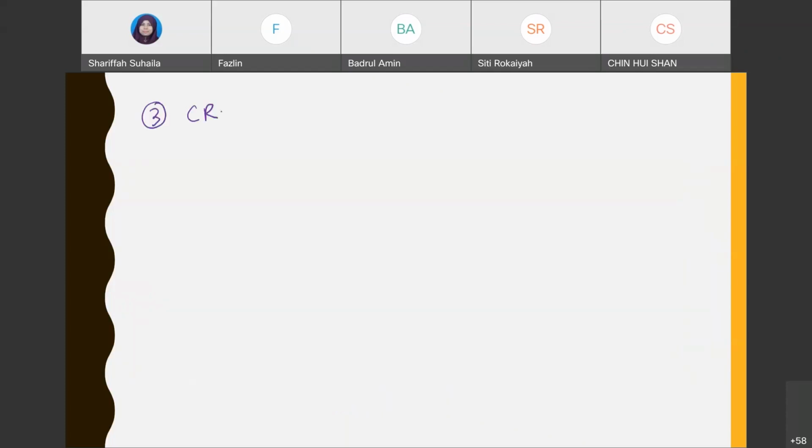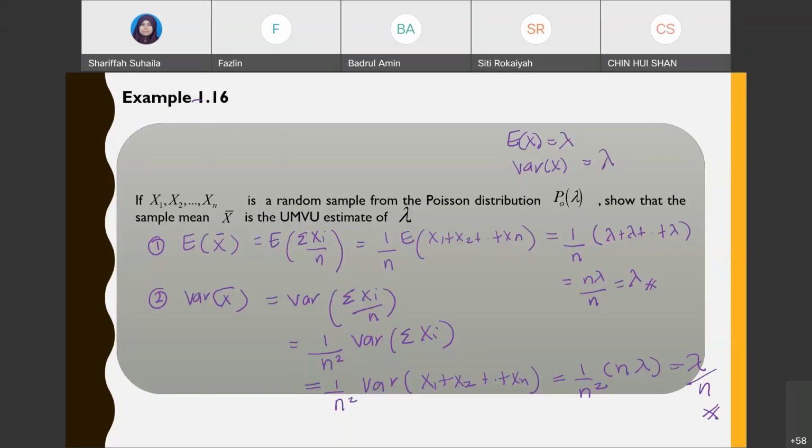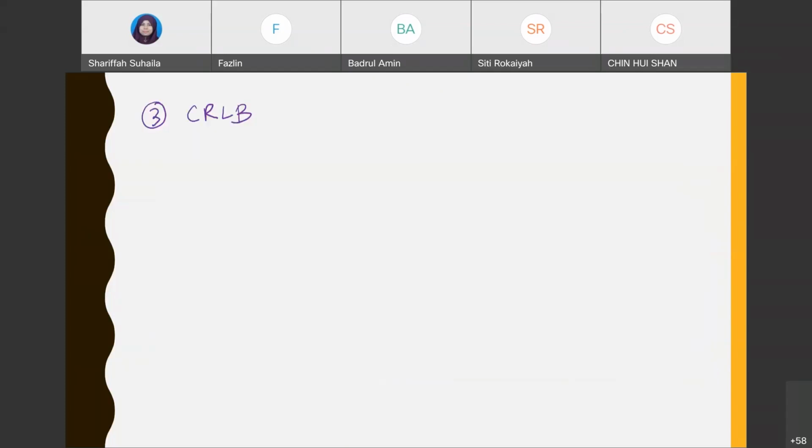Step ketiga, CRLB. Start by sebab ini kita tak bagi dia punya probability function. So you need probability function. Ini pun kalau boleh hafal lah Poisson distribution punya probability function.